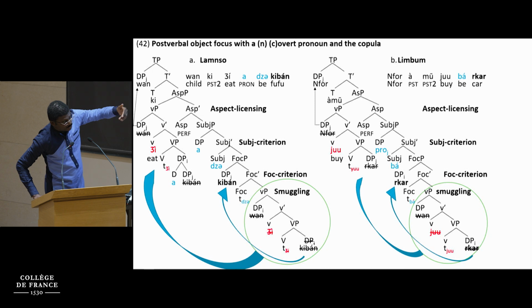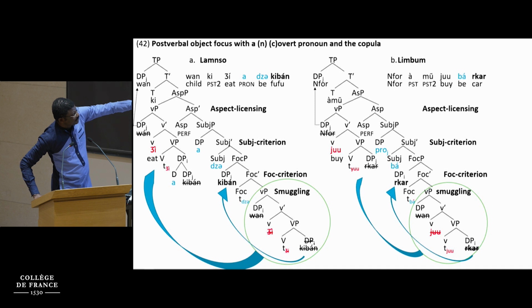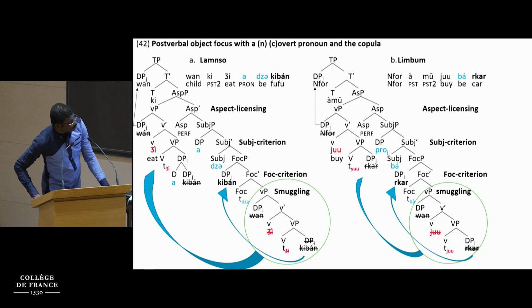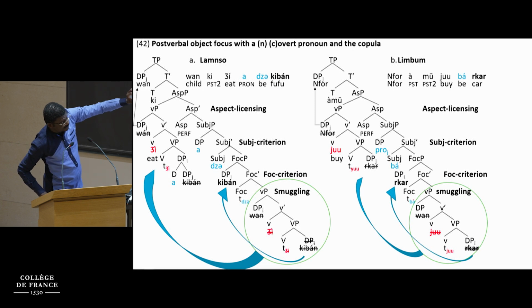So the only way we can solve that problem here is by smuggling the VP containing the subject, sending it to the aspect position, and now extracting the subject and sending it to the specifier of TP. And it's actually the same thing for Limbum here. The only difference being that you don't have a pronoun spelled out in spec subject phrase.